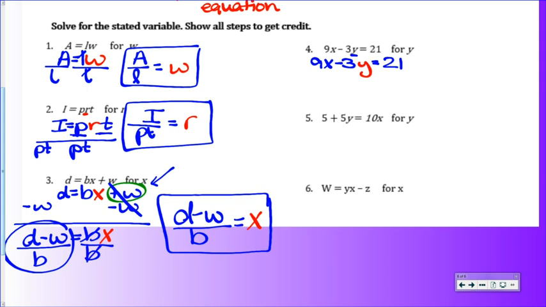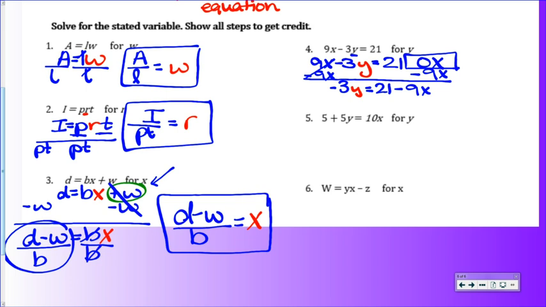Because 9 and x are being multiplied together, we're going to move them as one piece. They are one term, and subtract them from both sides. So we get negative 3 times y gives us 21 minus 9x. Again, there are no x's over here. There are 0 x's. So if I have 0 x's and I take away 9, I have negative 9x.